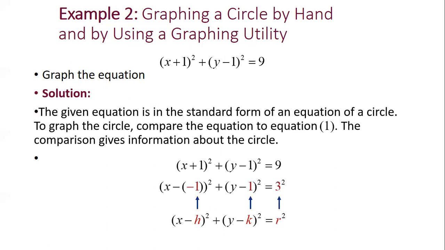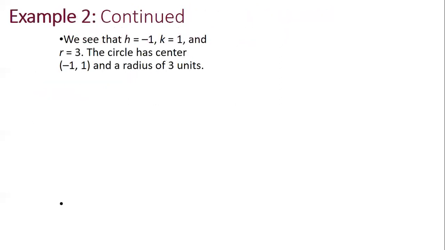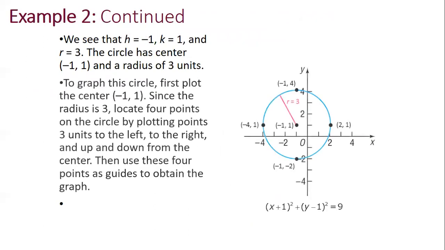Okay, so we have our h, we have our k, we have our r, so we're gonna graph. When we're graphing, the first thing we do is put our center. And then from our center, we follow our radius. So you typically go the number of units of the radius north, south, east, and west.